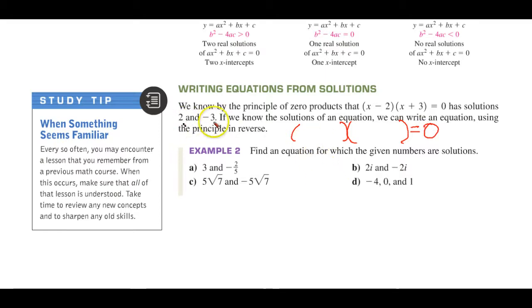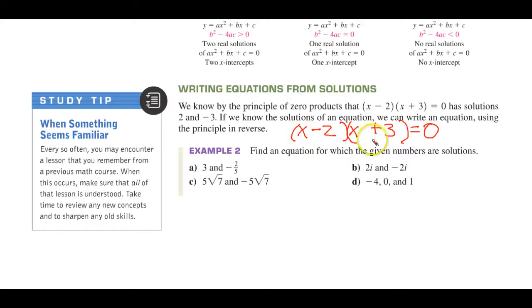And if these were the answers, and you put an X there and an X there, it would be opposite signs. So this would be a negative 2 there, and this would be a positive 3.